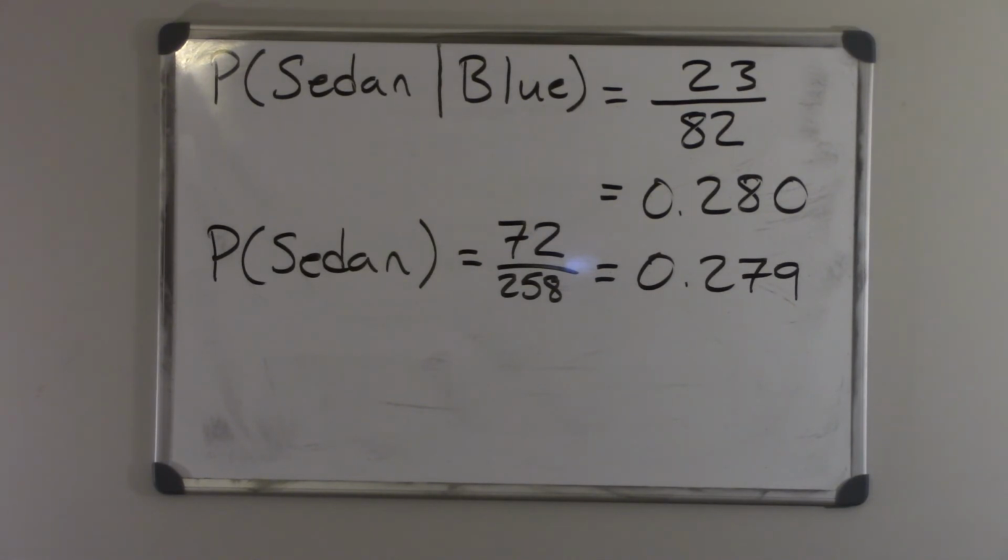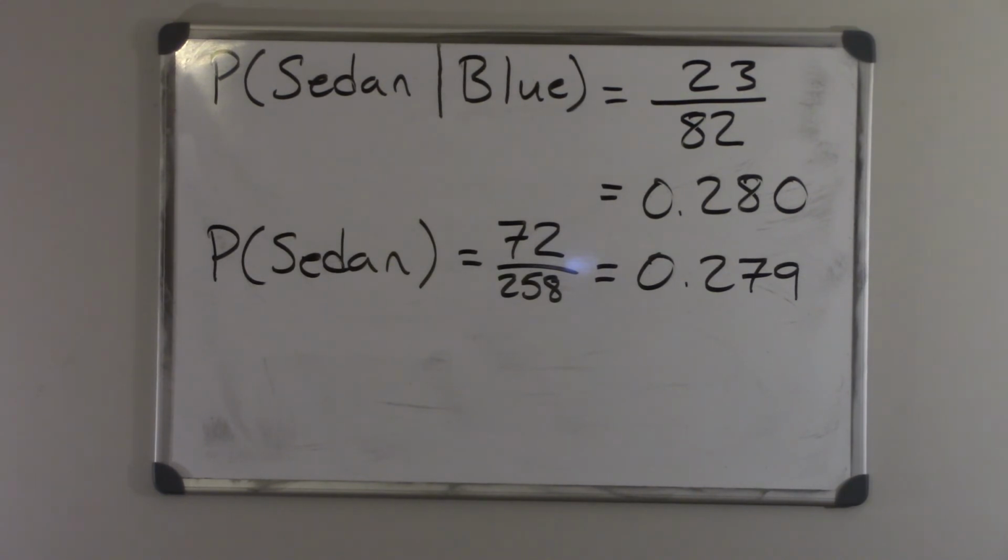So if you had a question on a homework or a test asking you if sedan and blue were independent, then after this you could say no. The answer is no. These are not independent. They don't seem to have much of a relationship, but they do. It is present there. Those numbers do not equal one another.